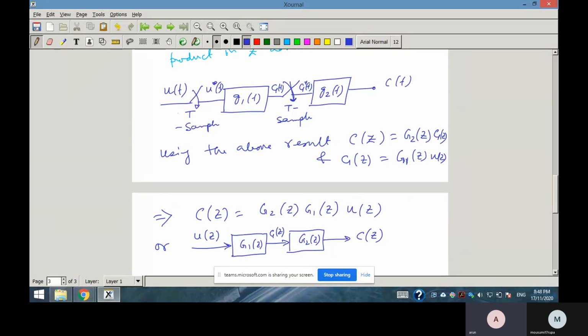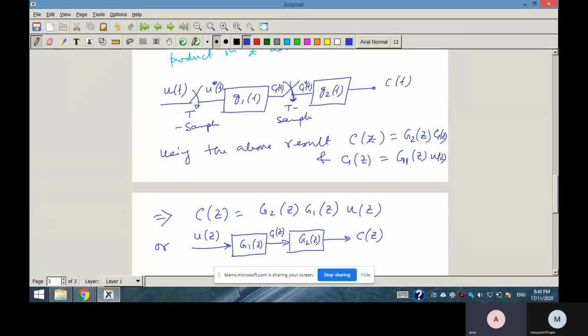Different canonical forms are there, but what is the unit we have used? 1 by S. In a continuous time system, 1 by S is an integrator. But similarly, given a GZ transfer function, you can also realize it using a block diagram.